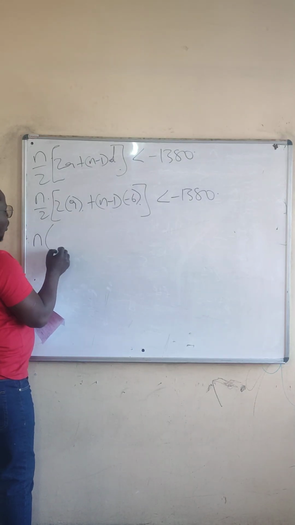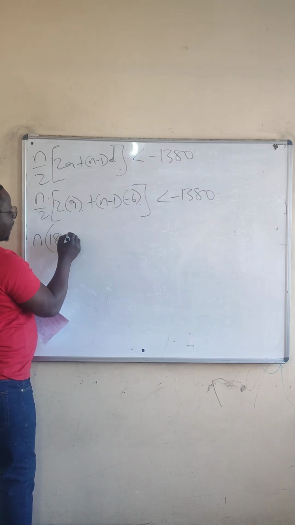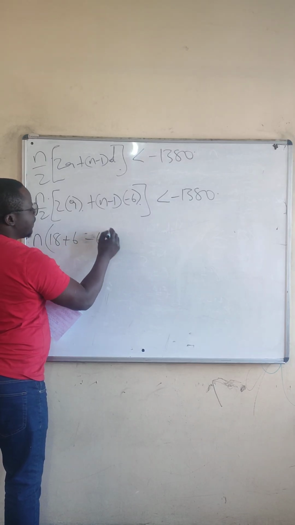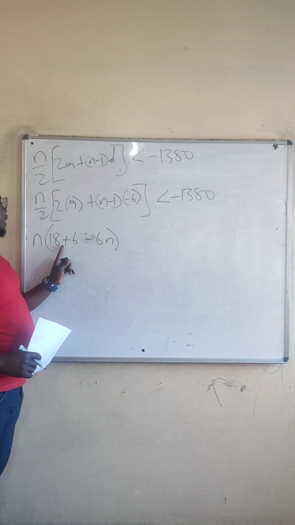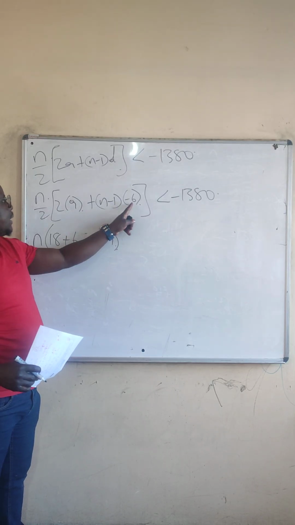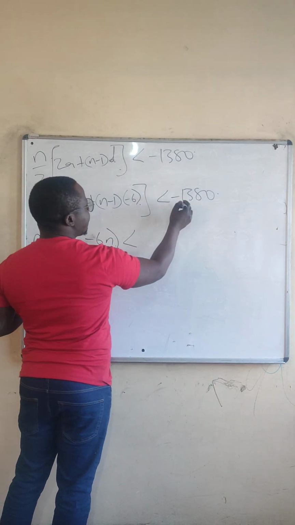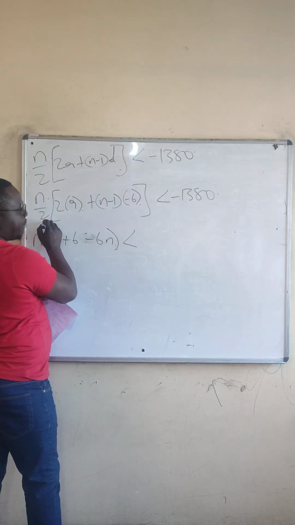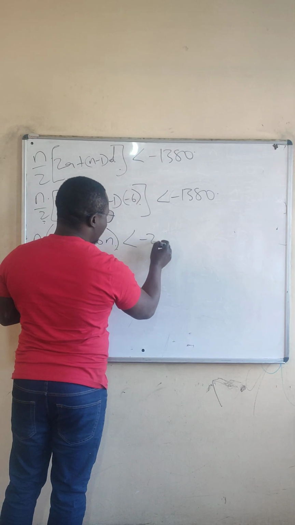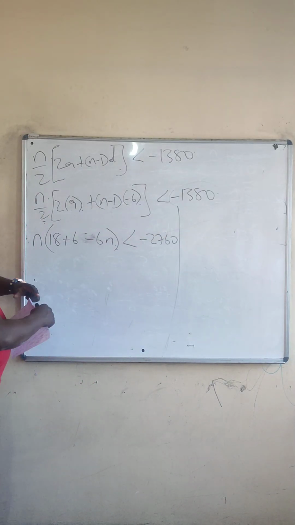Here we are left with n, open bracket, 18, open bracket, plus 6, minus 6n, close bracket. So it's 18 here. -6 times -1 is plus 6. -6 times n is -6n. This is less than 1380 multiplied by 2, which is going to give us -2760.